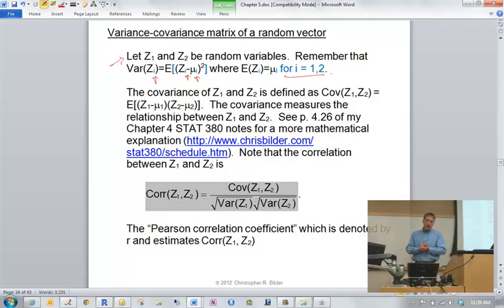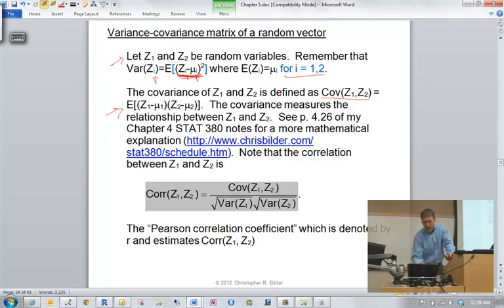Well, let's talk about the covariance of z1 and z2. I can define this symbolically like this. Cov, parentheses, z1 comma z2. And it's this. The expected value of z1 minus mu1 times z2 minus mu2. So notice how this is very similar to a variance here.